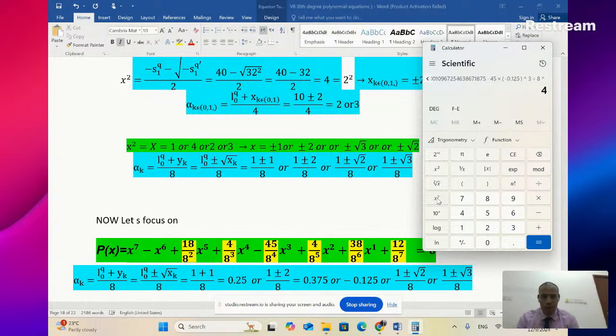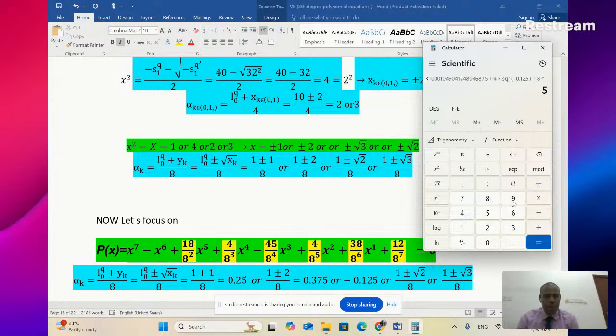Then plus 4 multiplied by, in between parentheses, negative 0.25, close the parentheses, raised to the power 2, divided, my kids, by 8 raised to the power 5.